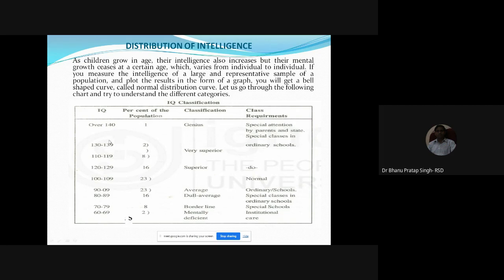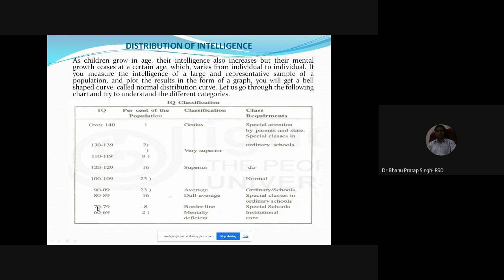If the IQ is 130 to 139, then the child is defined as very superior. There are stages 110 to 119, 120 to 129. If the child has an IQ of 100 to 109, then the child is normal.